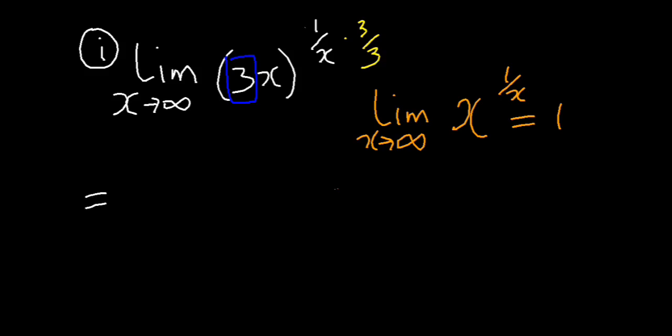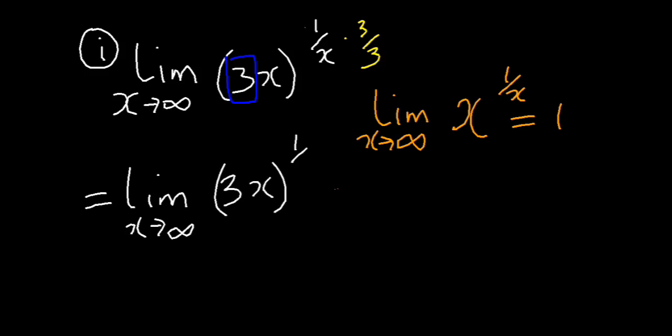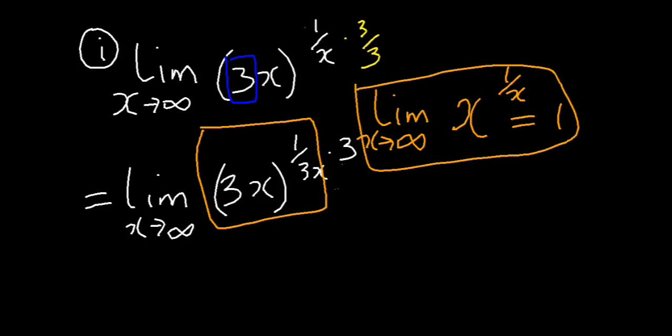So our limit will be the limit when x tends to infinity of (3x) raised to power 1 over 3x, all times 3. So (3x) raised to power 1 over 3x is also equal to 1. This is equal to 1. Actually, we can use a direct substitution where 1 over infinity will be equal to 0 and then our value will be 1.